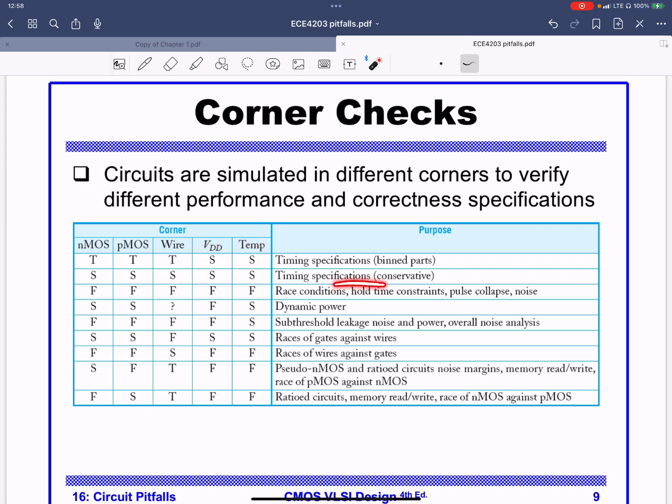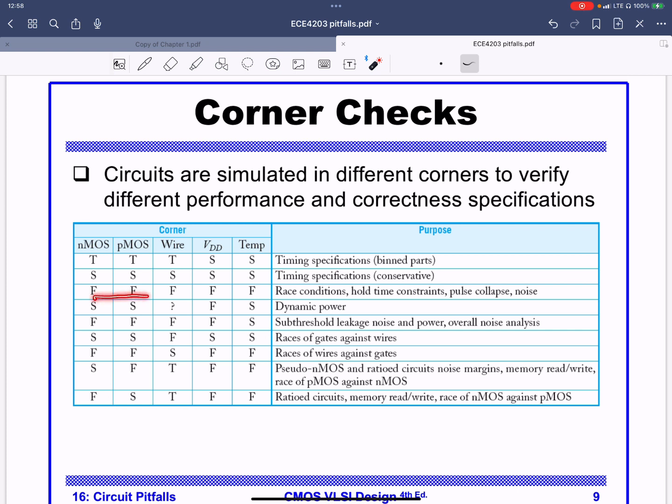If you want to be really conservative from a timing specs, you're going to be also simulating your circuit components in the slow domain. Things like hold time constraints, race conditions, etc. They are worse when circuits are running fast.